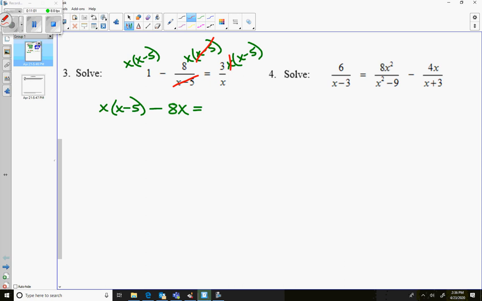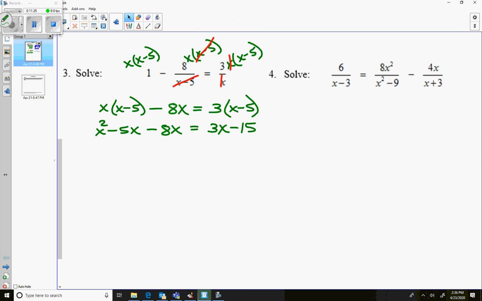Now here, the x's cancel. So it's just going to be 3 parentheses x minus 5. Now, I need to clean all this mess up. Distribute the x throughout the first parentheses. So I get x squared minus 5x minus 8x equals distribute 3 throughout the parentheses.